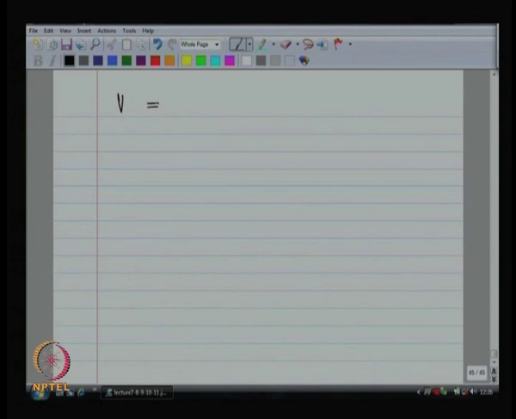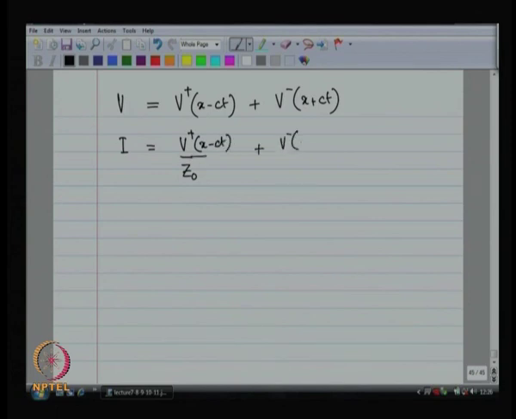So, the phasor V is now going to be, and the phasor I is now going to be, okay.